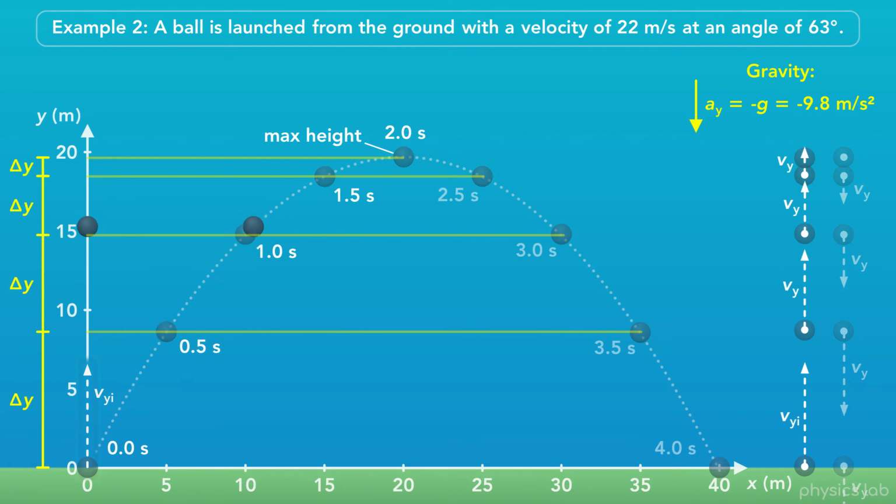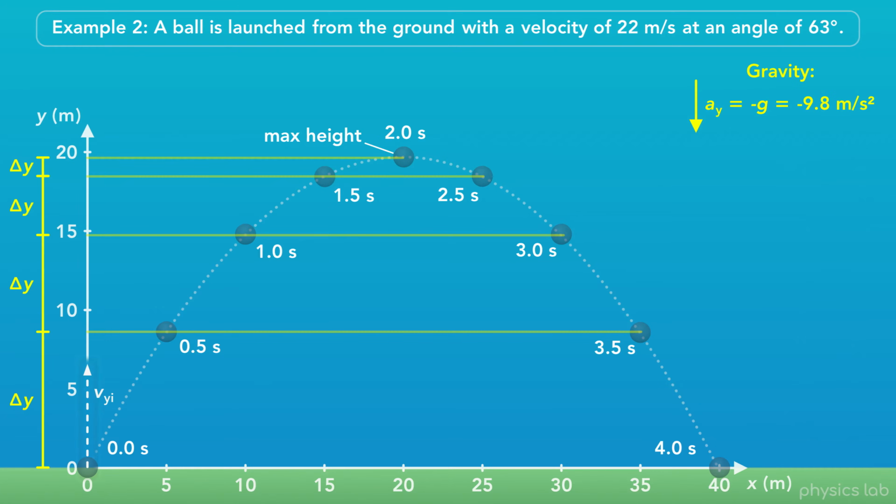So for the first half, the ball moves up, but it slows down in the y direction. During the second half, the ball falls down and moves faster in the y direction. Notice that the height of the ball is the same at equal times before and after the maximum height. Half a second before and after, it's at this height. 1 second before and after, it's at this height.